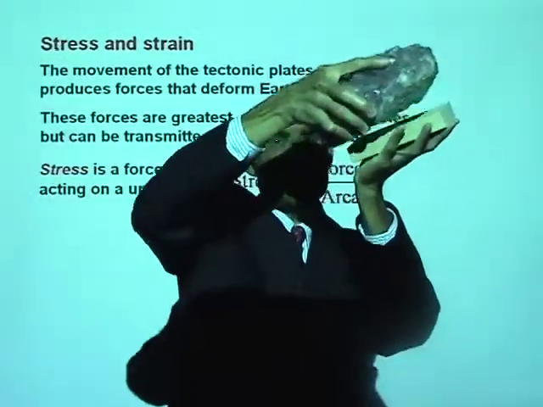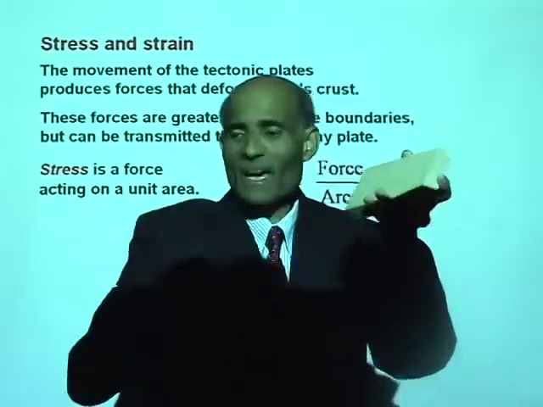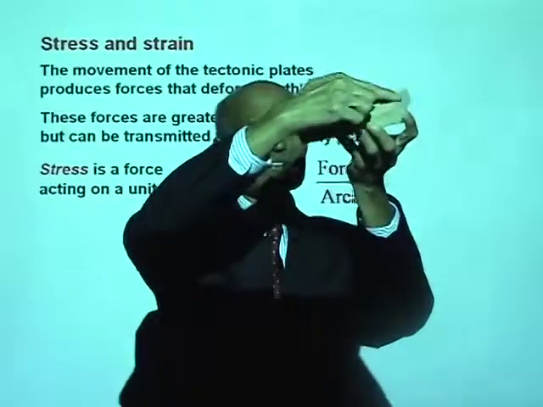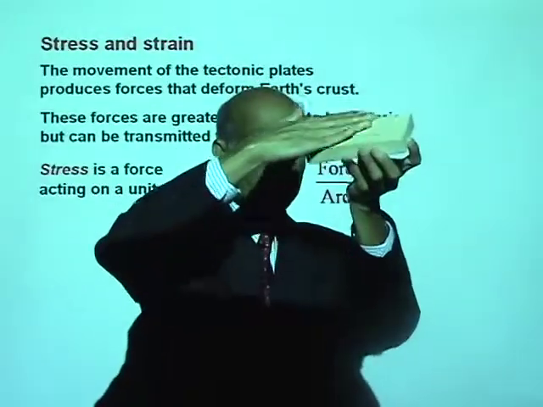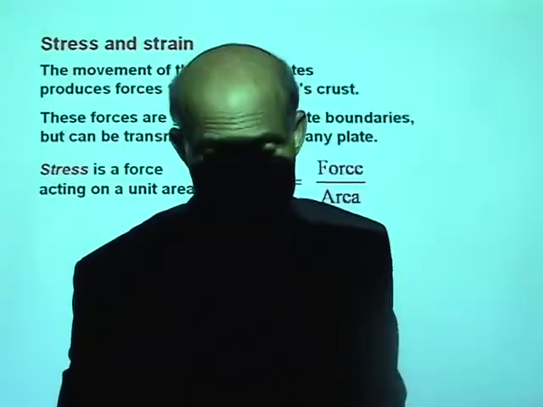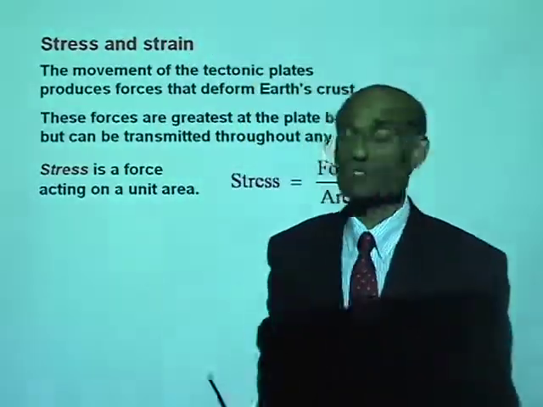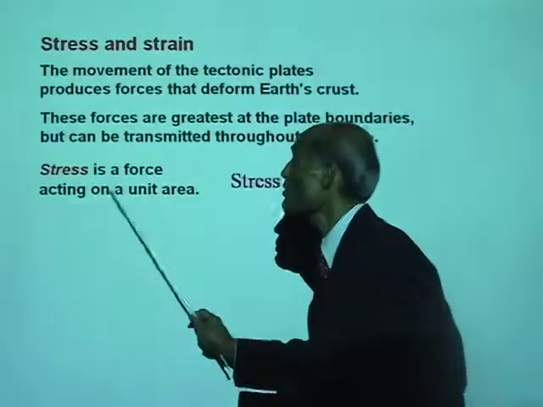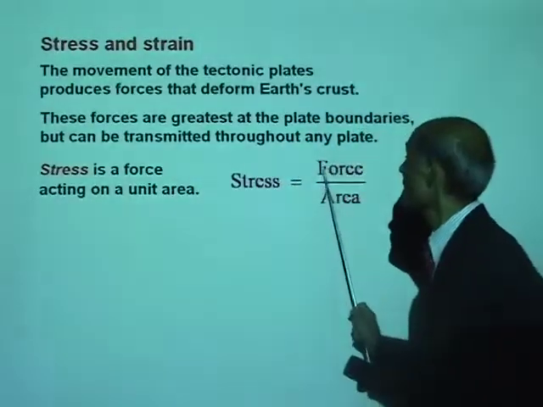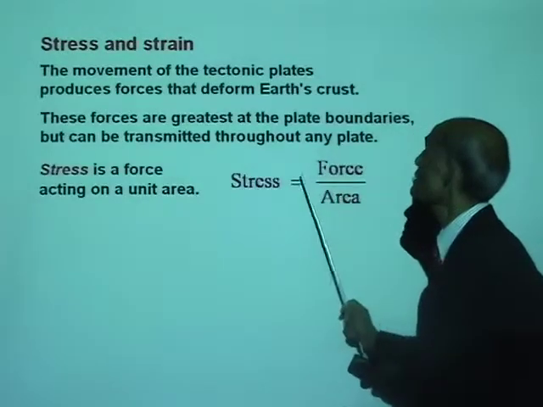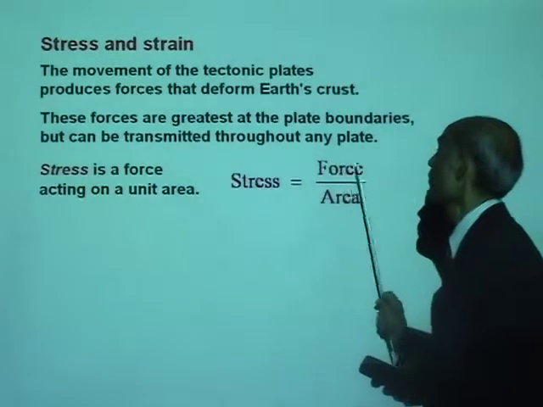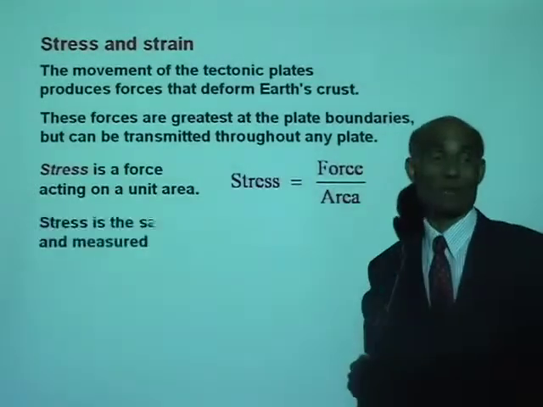If I divide the force by the area of the plane, the total force acting on it divided by the area will give me a measure of the stress. So stress is force acting on a unit area, and you obtain that by the equation: stress is force per unit area, force divided by area.